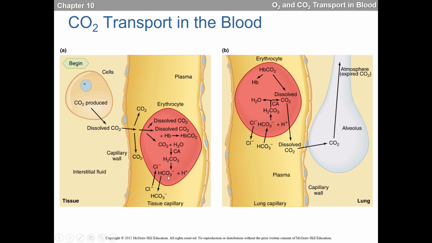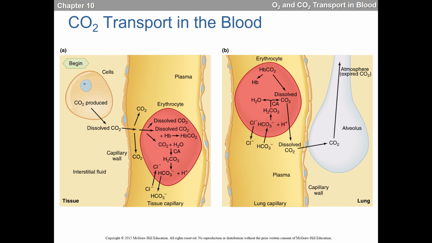Now, bicarbonate is actually shifted outside of the red blood cell, which another term for it is erythrocyte. Now, to maintain this electrochemical gradient, because that has a negative charge, then chloride will shift into that cell to make this more or less neutral in terms of an electrochemical gradient.